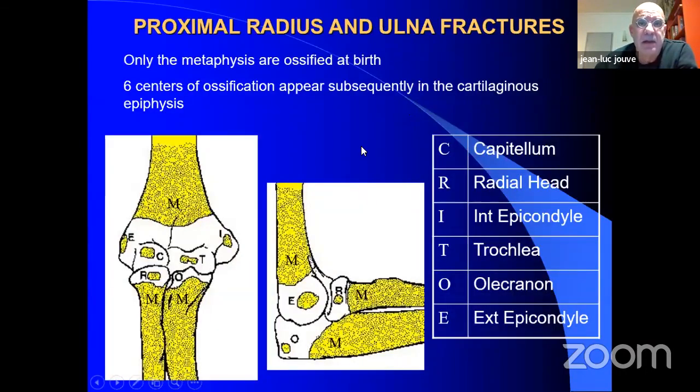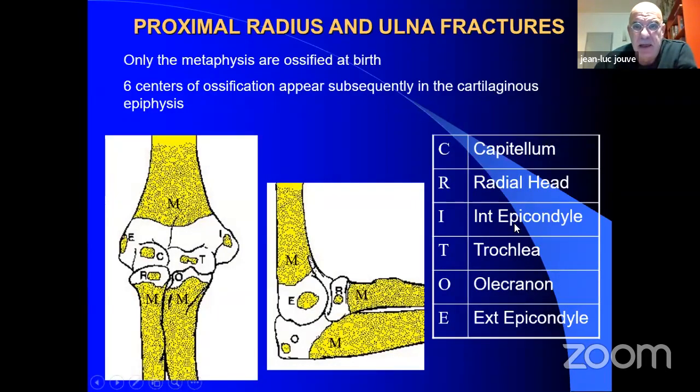As I said yesterday, the most important thing in the proximal part of the radius and ulna and in the elbow is to know the ossification centers, the ossification nuclei of the elbow, because it is the only way to make a good diagnosis of elbow trauma on the humerus, but also on the radius and on the ulna.